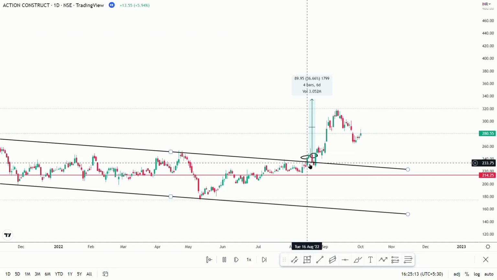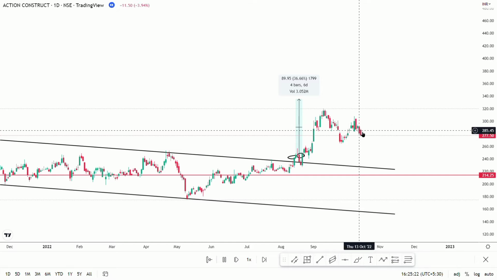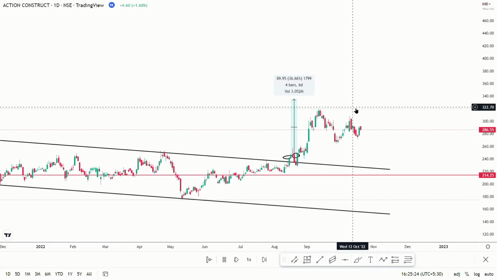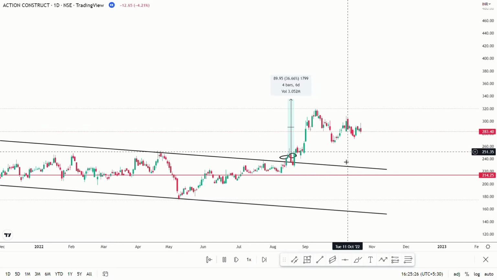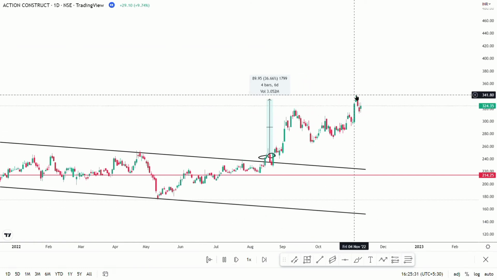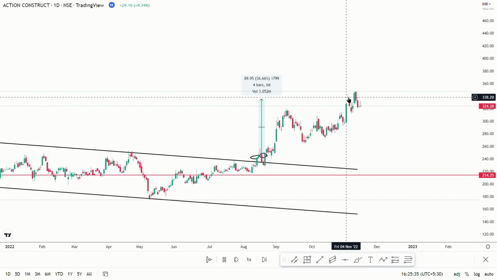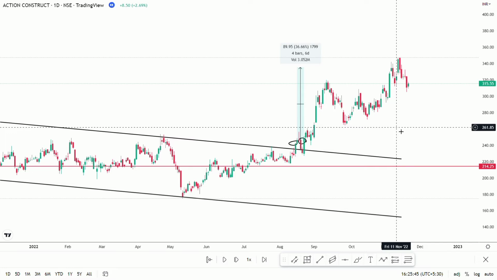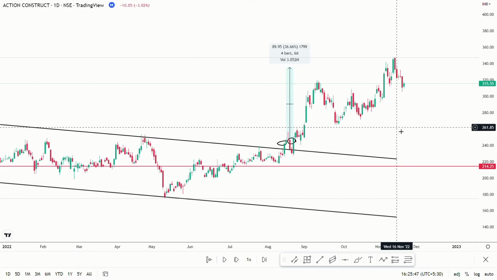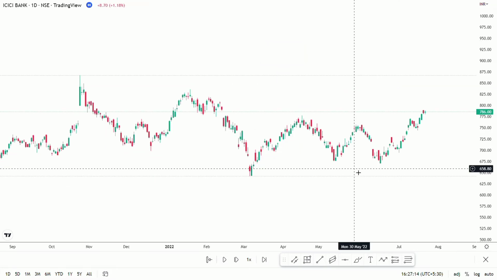As you see, this stock has given 1:2 and then again a downfall, and it is currently consolidating in this zone. And this is the point where our target is reached. This is another example of the swing trading setup that I have discussed in my earlier videos.